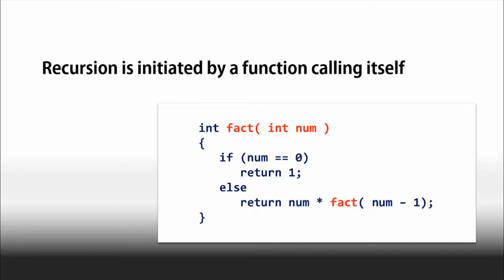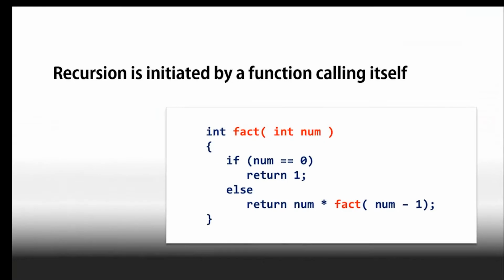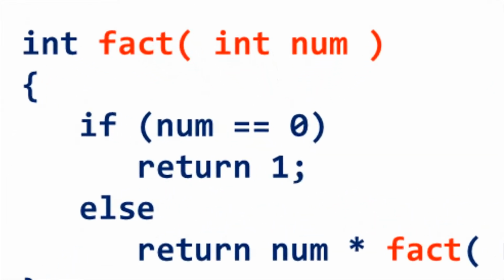The function calls itself in the last line, passing on a new parameter value. That will continue until it hits the base case, which is if num equals 0. When we get to that point, we will be done and the return process will begin.